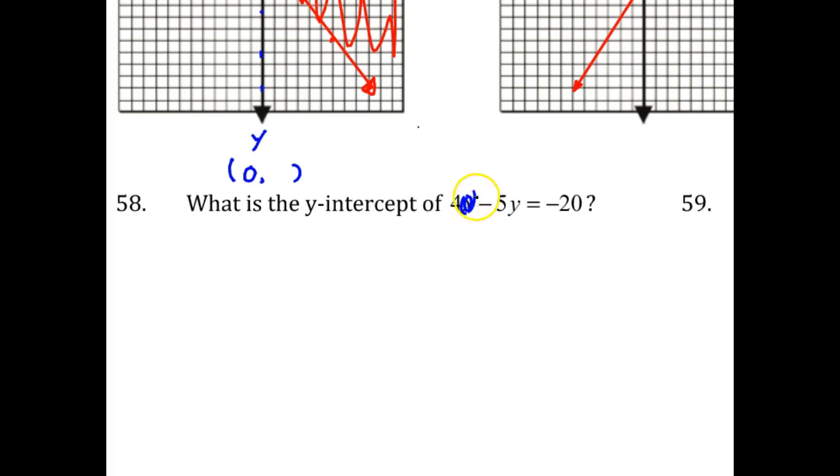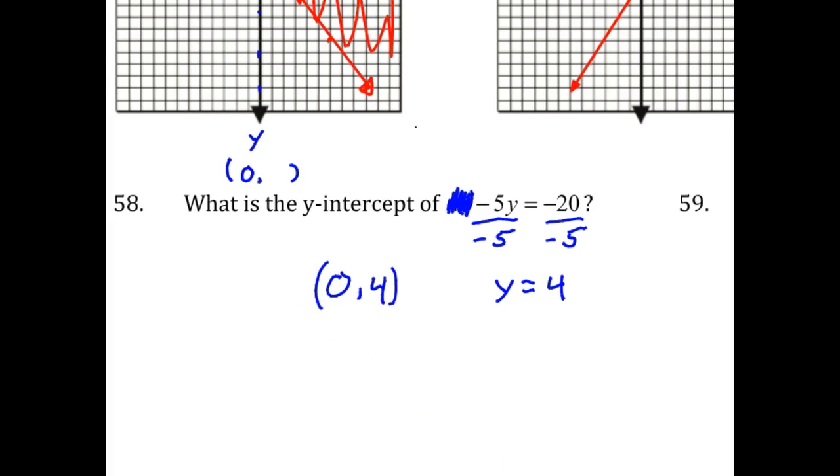When you do that, the x term will cancel out because it equals 0, and you just have to divide by the coefficient, and we'll have y equals 4. So the y-intercept will be 0, 4. So that's how you do the y-intercept without a graph.